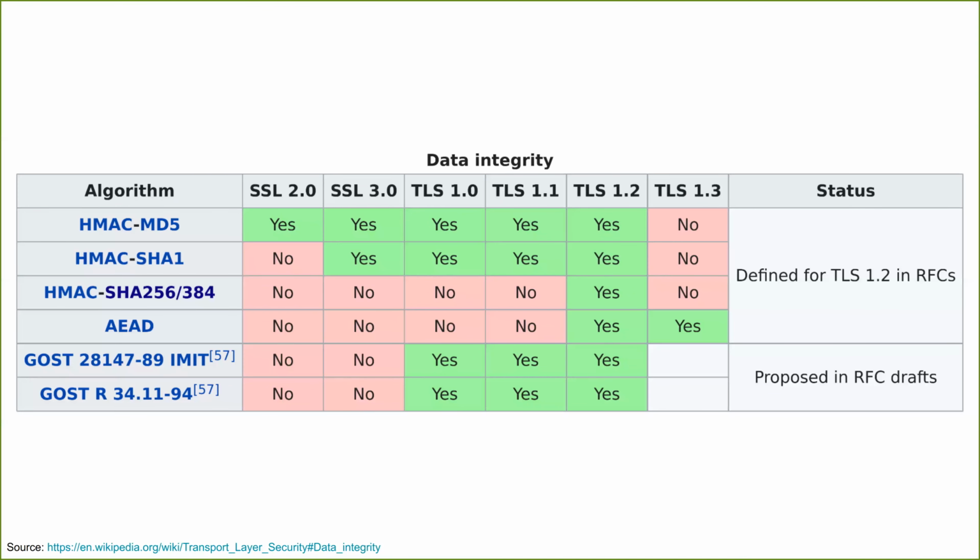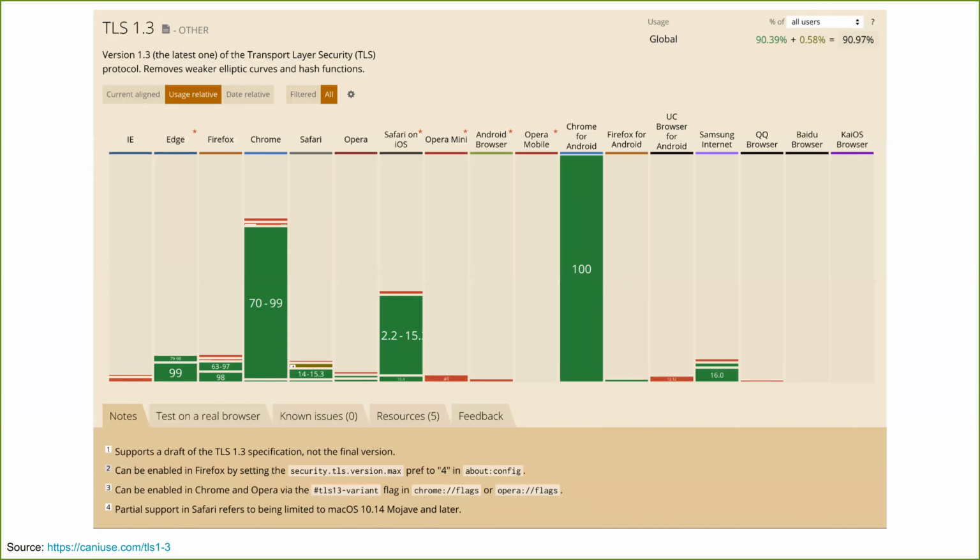As for if you can do it, here is an overview of the adoption of TLS 1.3. Across all the different browsers, and this is shown with the size of the usage of each browser here, about 90% of internet users support TLS 1.3.